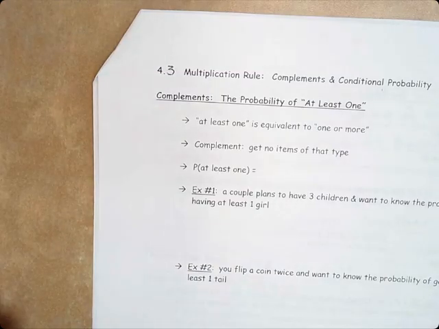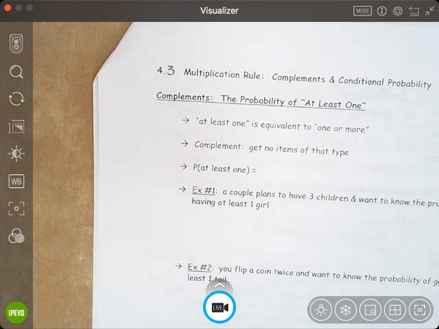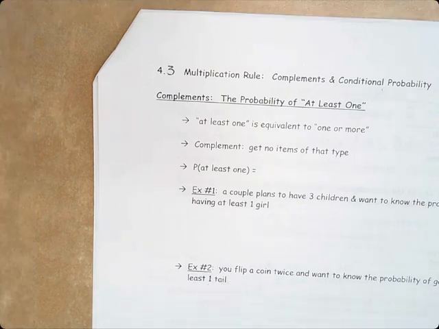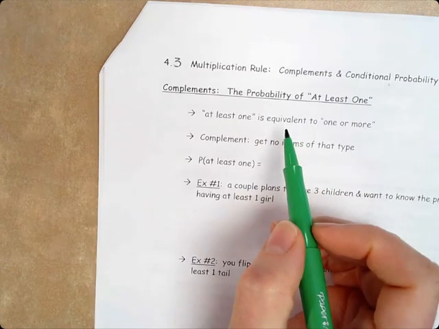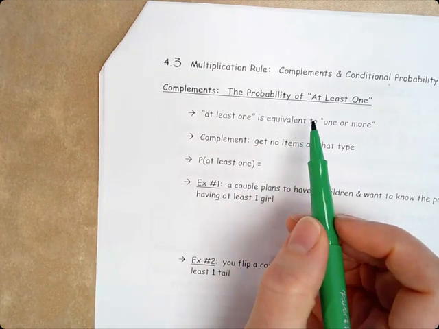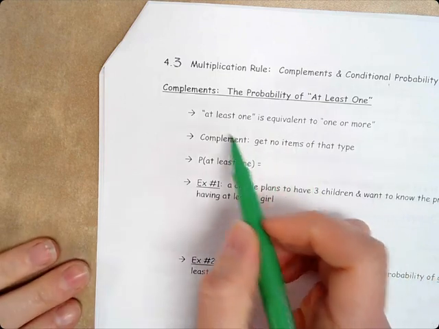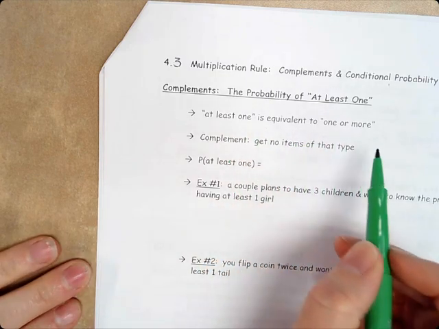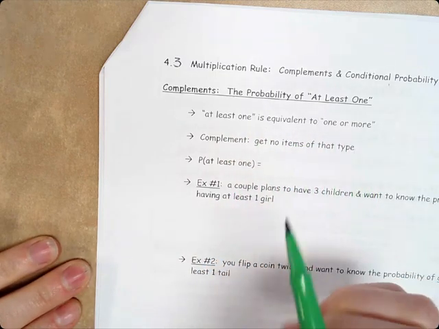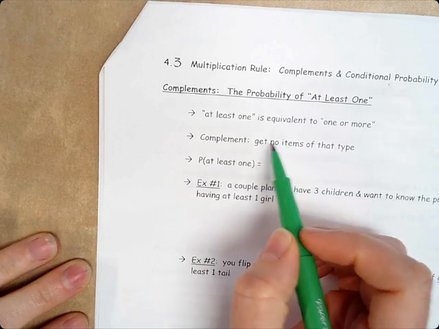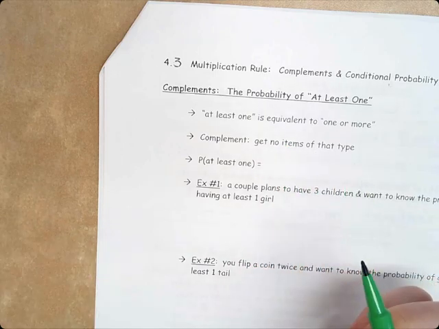4.3 continues on with the multiplication rule, but it goes into complements and conditional probability a little bit more than we've seen before. So complements, the probability of at least one. At least means one or more. So the complement means get no items of that type.